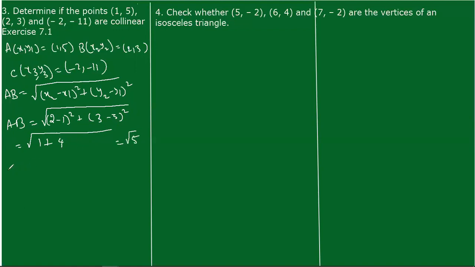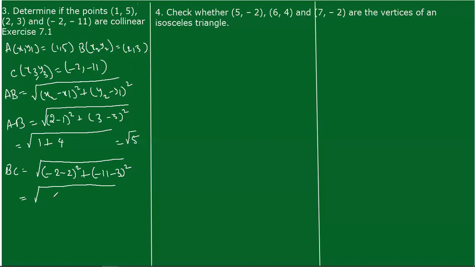Now let's check BC. I'm directly applying the formula. The B point becomes x1, y1 and the C point becomes x2, y2. So minus 2 minus 2 whole square, and minus 11 minus 3 whole square, under root.